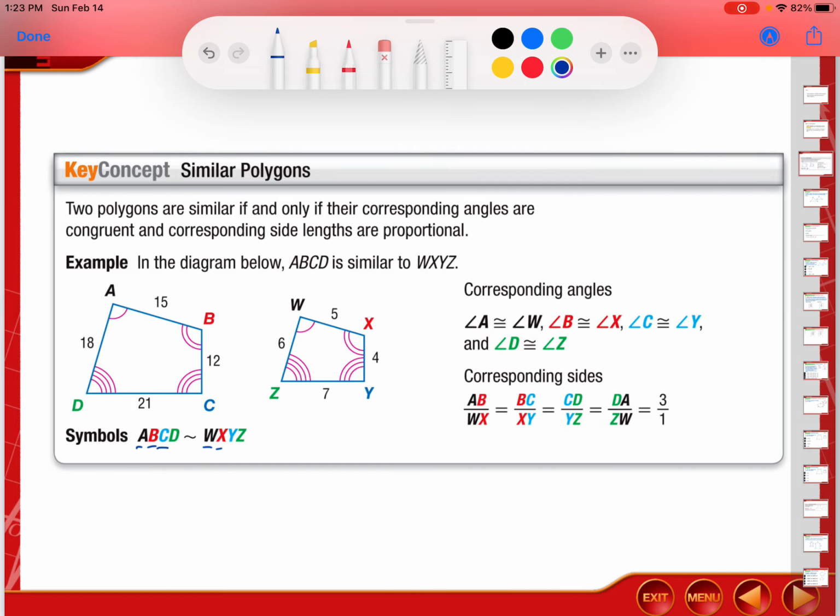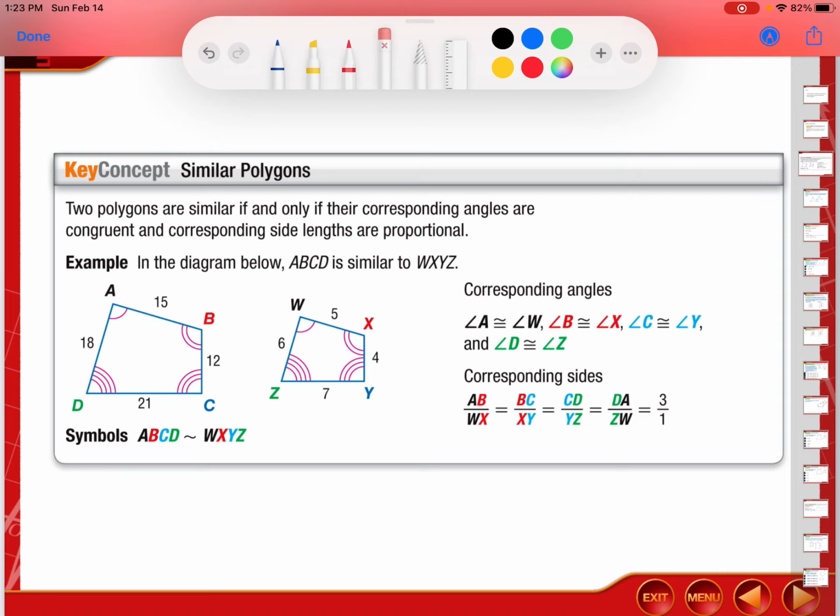B is red, X is red, C is blue, Y is blue, D is green, Z is green. So all those correspond to each other in that we can say segment AB is similar to segment WX, and we could say ZY is similar to DC using that color-coded ordered system.